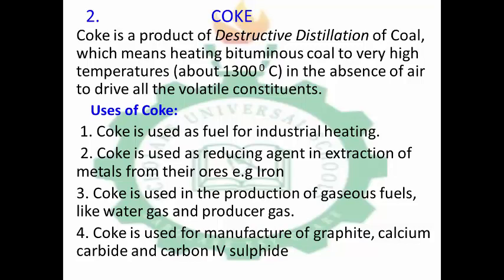Coke is used for manufacture of graphite. Recall that in the Acheson process, artificial graphite can be produced, and then we can make use of coke to do this.